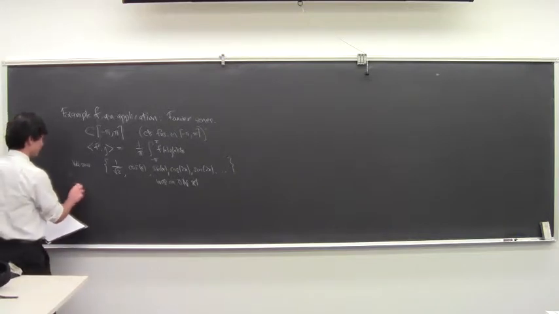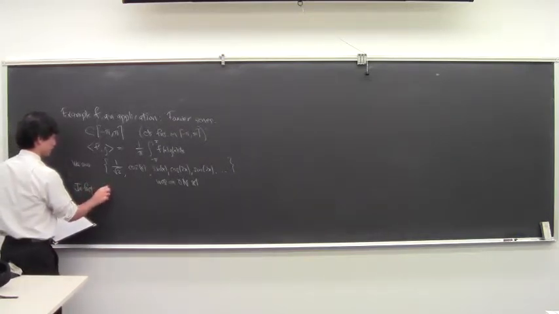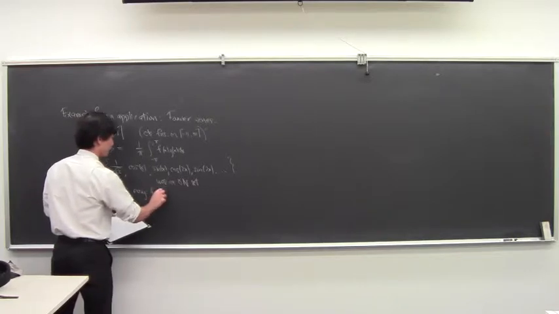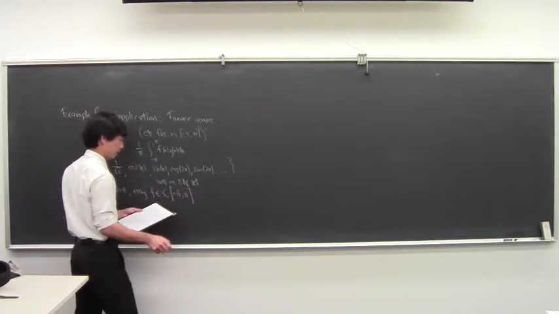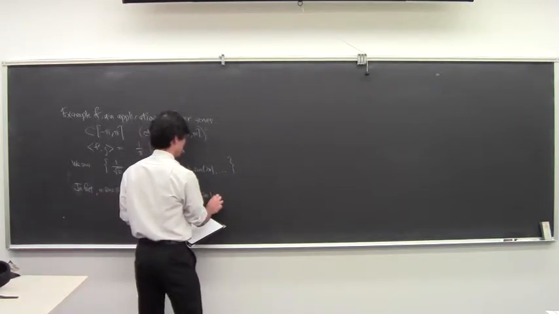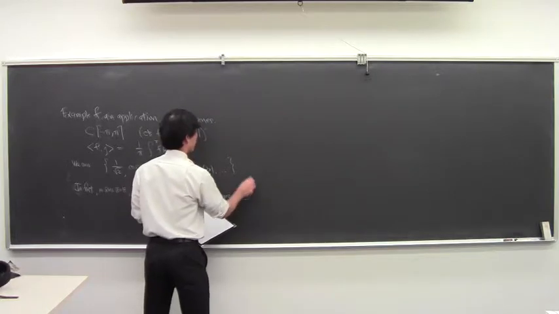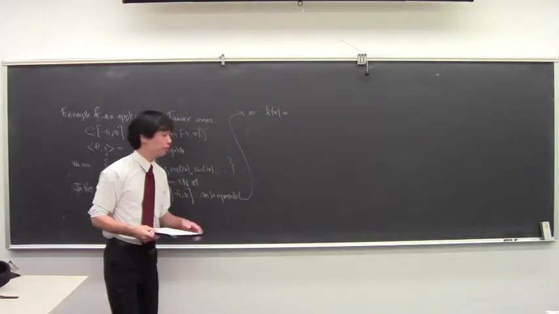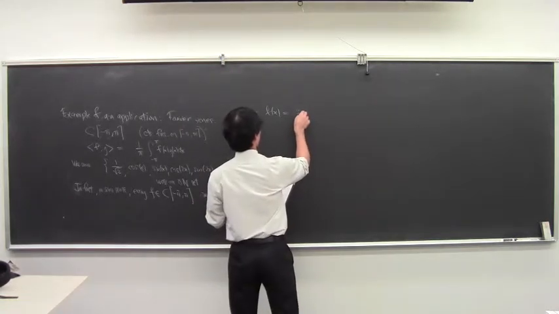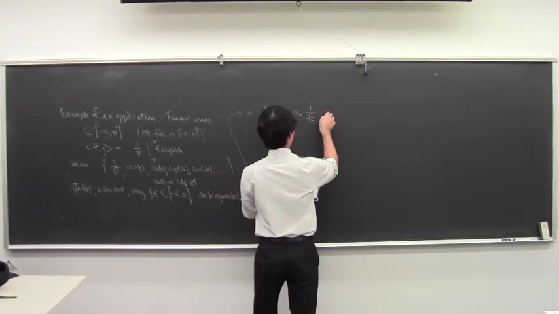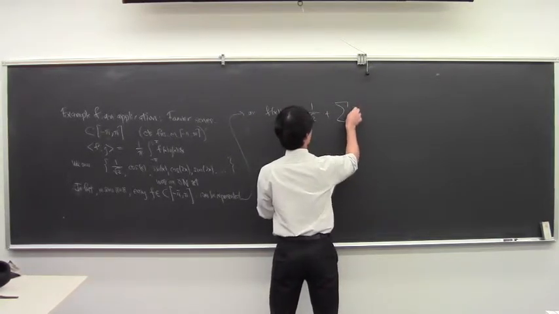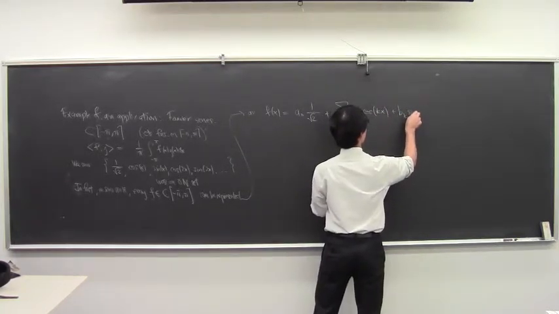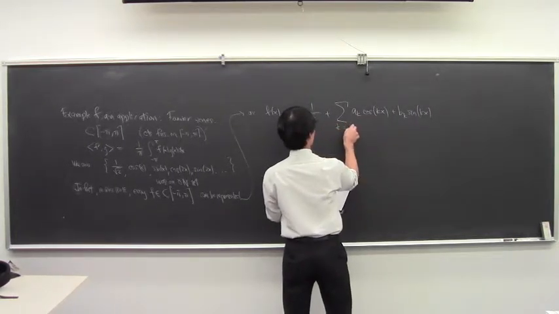Okay. In fact, in some sense, and we're not going to talk about what sense, every function in negative pi to pi can be represented as some linear combination of these: a naught times the first one, plus some constants times all the other ones, k from 1 to infinity.